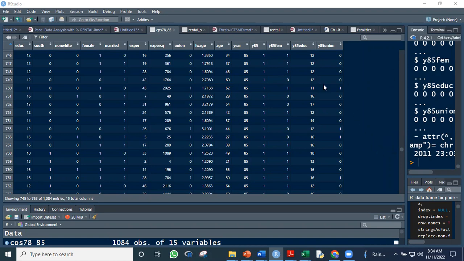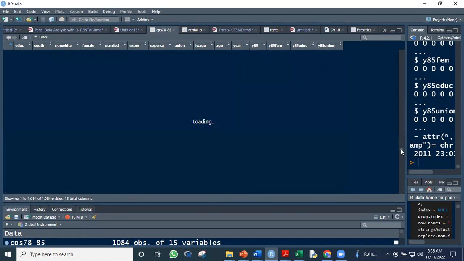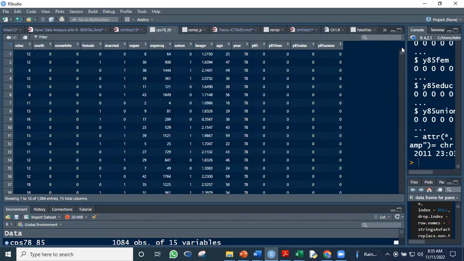Okay, so what can we use here? We can use Y85, but it's used as the time component. Year 85 and 78. Okay, 78.